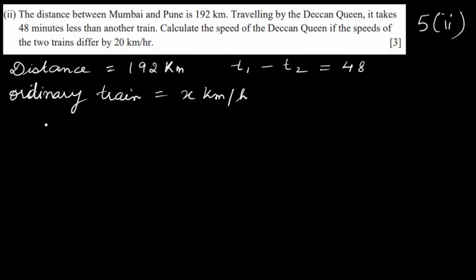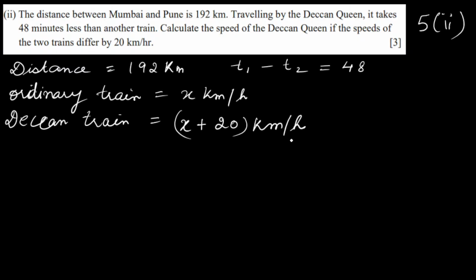But there is another train, Deccan Queen, whose speed is 20 kilometers more, because they have mentioned the speeds of both trains differ by 20 kilometers. That means if the ordinary train's speed is x, the Deccan Queen's speed is x plus 20.